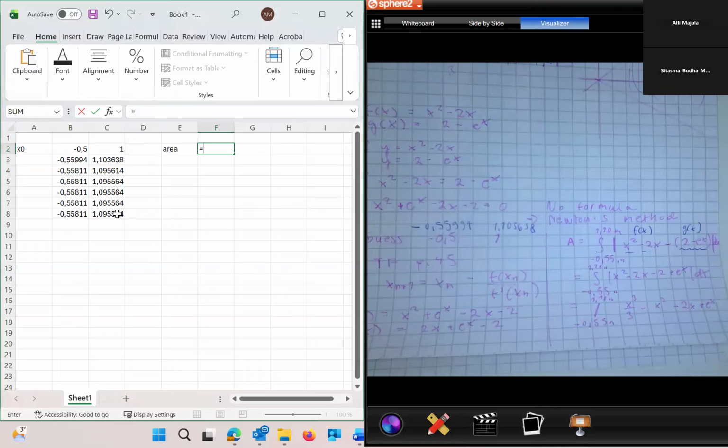Well, let's take the last. So I go until here, this to the power of 3 divided by 3, minus this to the power of 2. Maybe I could have put this in some better place, but I don't know.